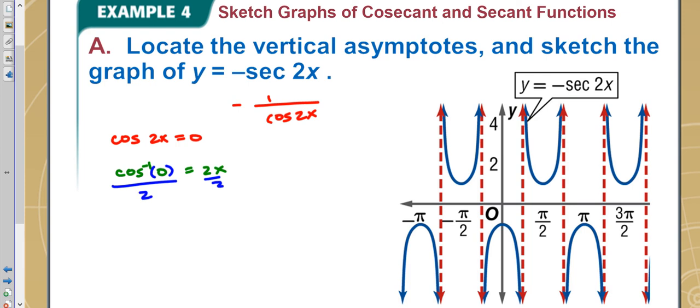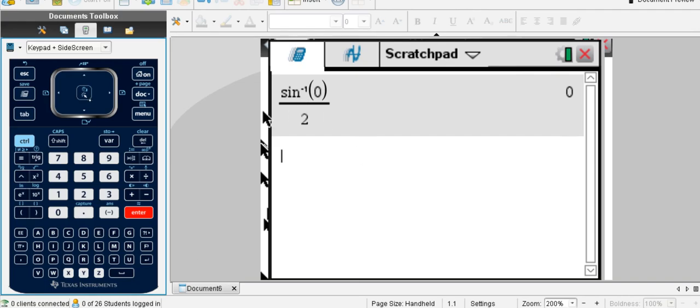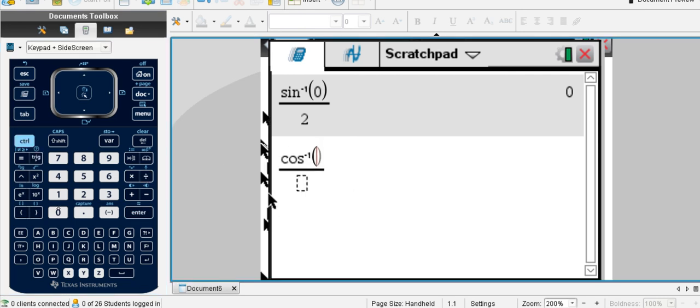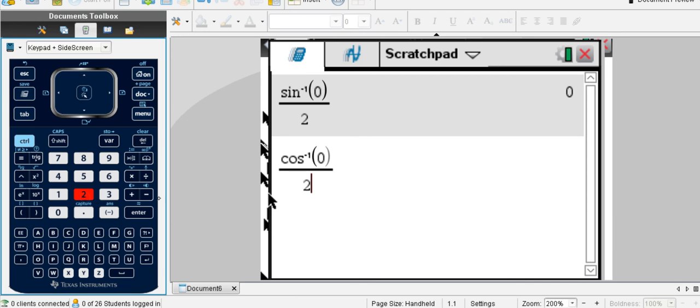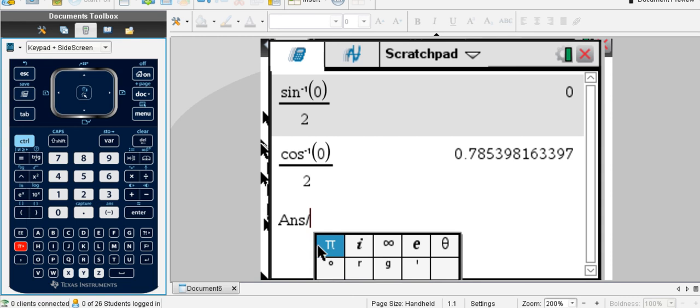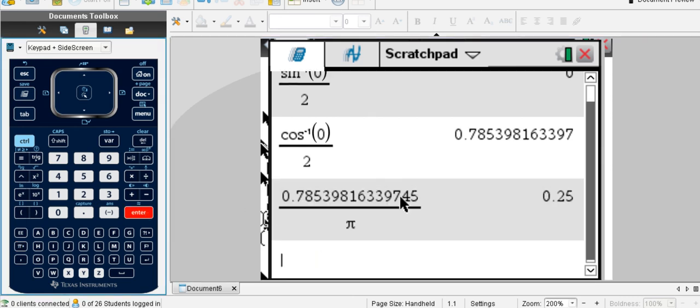So I'll go to my calculator. And we were close to it that time, but that was sine. So let's do cosine inverse of 0 divided by 2. And I get this. Now I'm going to divide this by pi to get the answers in terms of pi. And that's 0.25, or 1/4.